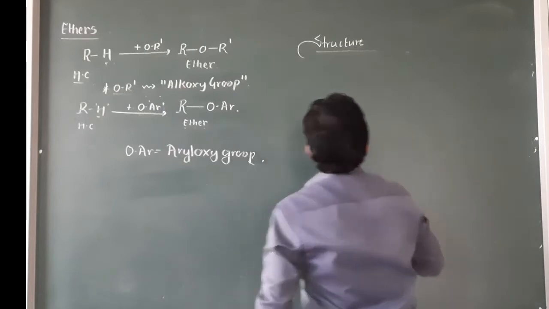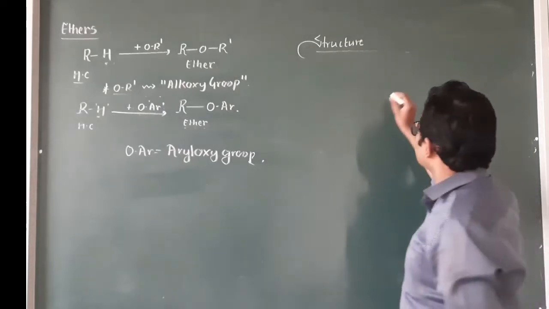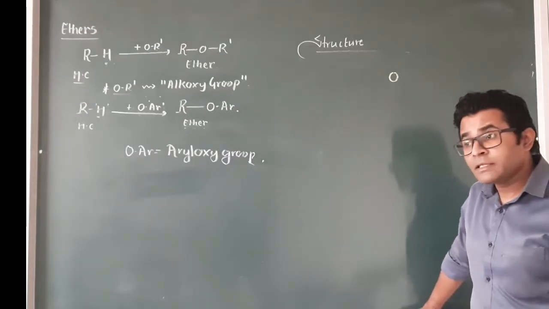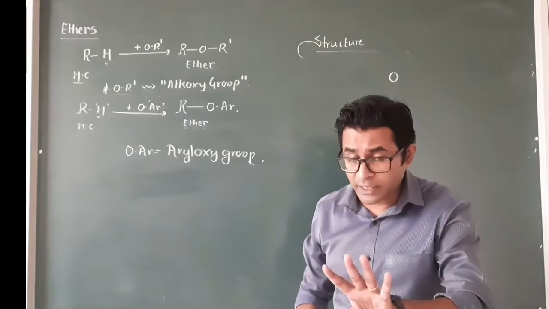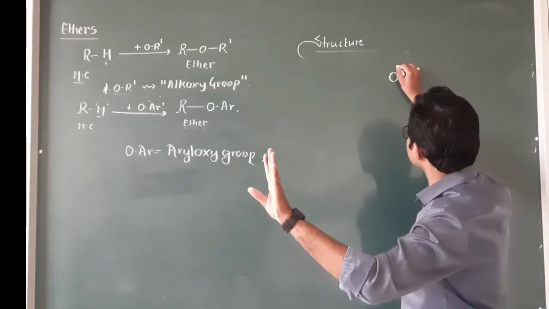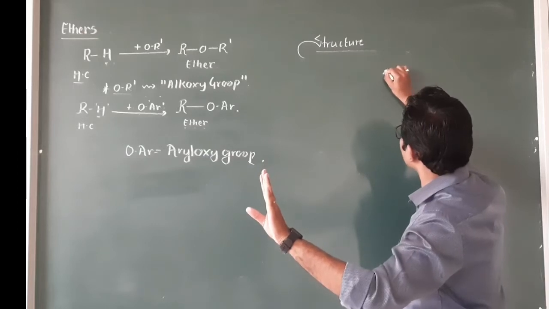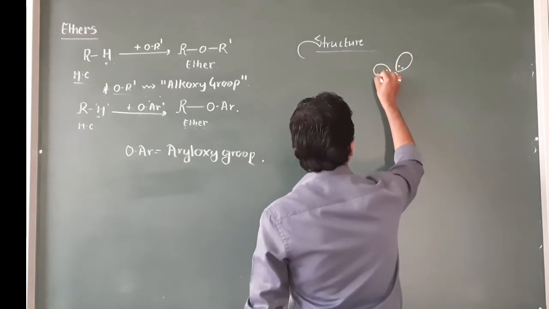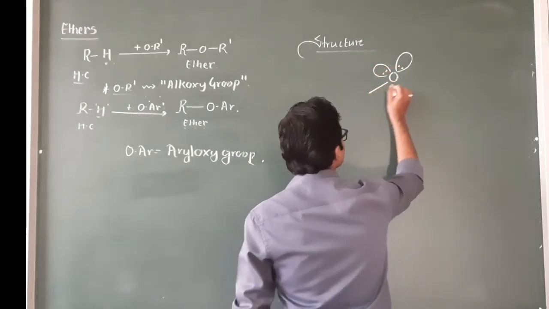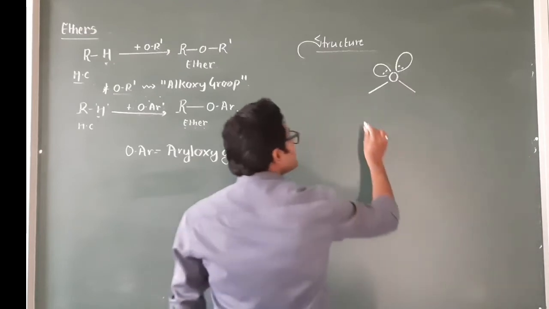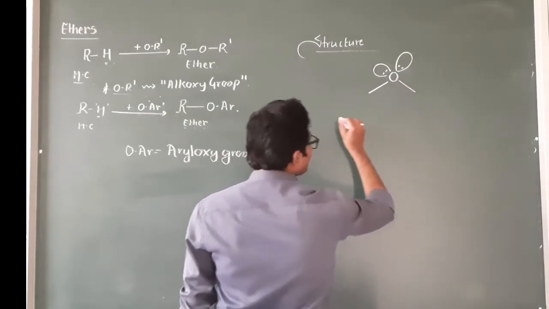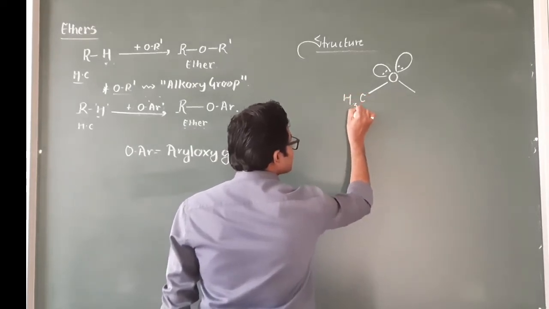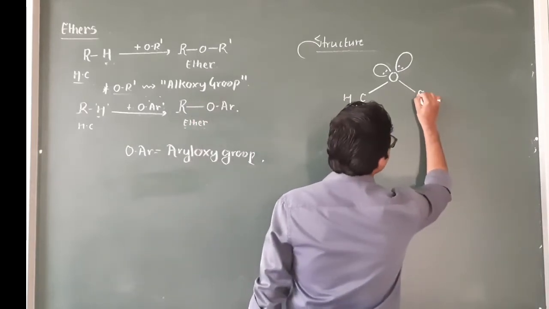Now, moving further, when we observe the structure, a particular ether contains oxygen as the main atom. The oxygen has 4 pairs of electrons. Out of these, 2 pairs act as the lone pairs of the oxygen, while the other 2 pairs are used for the formation of bonds, or used for sharing. These are connected to different groups such as alkyl groups or aryl groups.